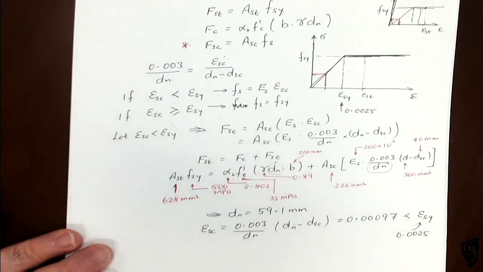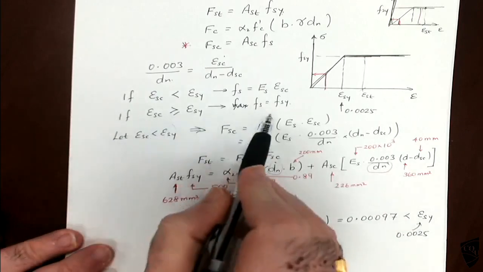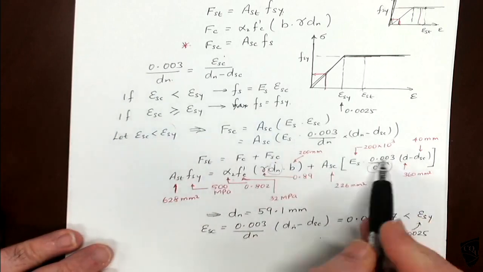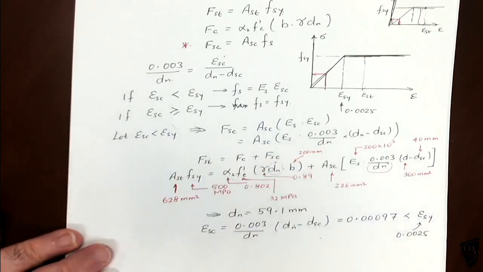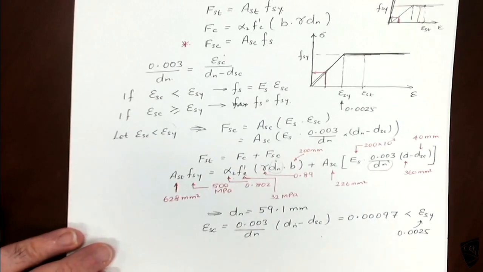If this one is not correct, if it is greater, you need to put Fsy here and recalculate the dn value. Most of the cases, compression reinforcement will not yield, so this will be the case.